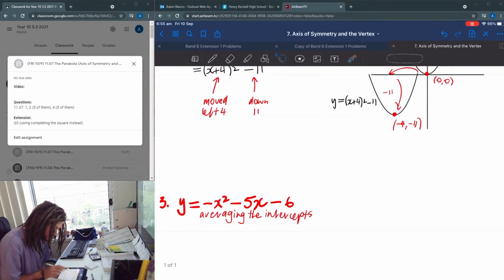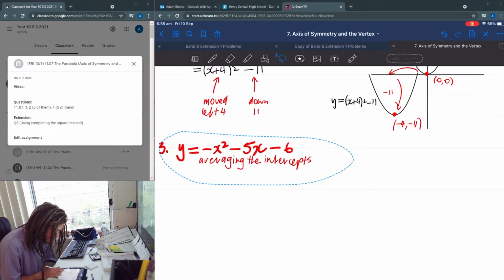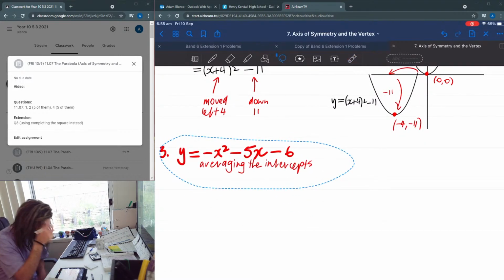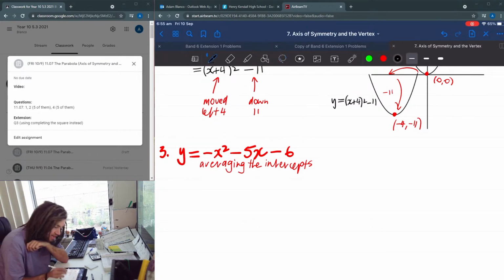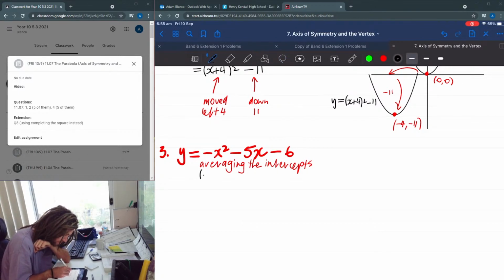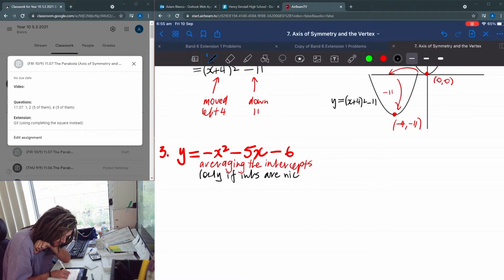And then the third way is if it's really easy to find your intercepts, which you're probably going to have to do anyway. I'd probably only do this if your intercepts were nice numbers. So when we factorize this, I'm going to find the x-intercept.